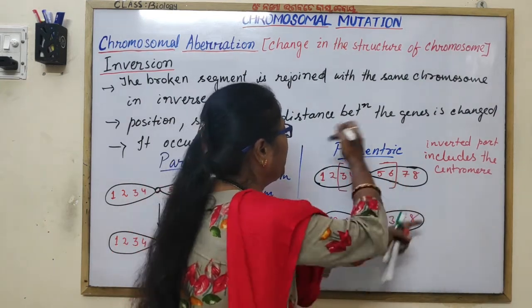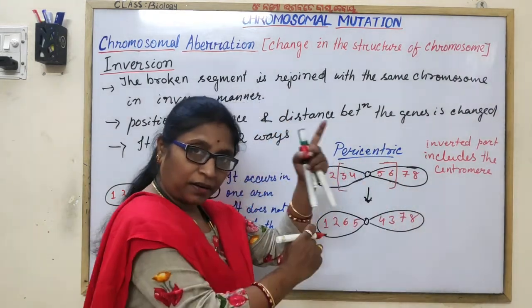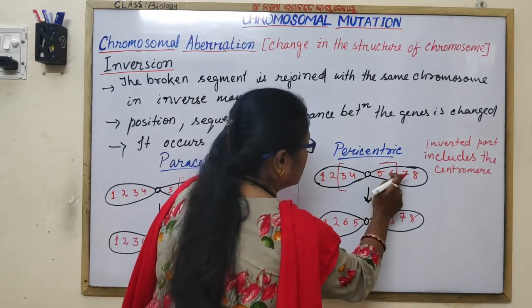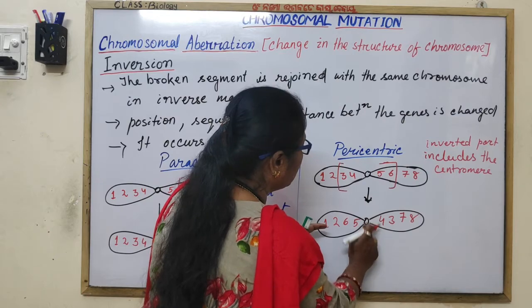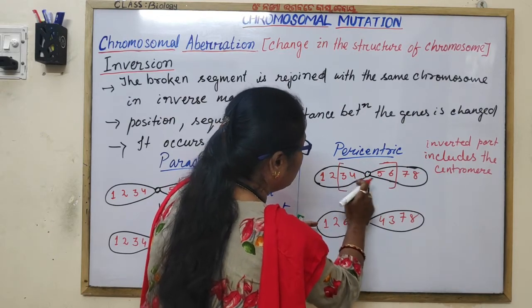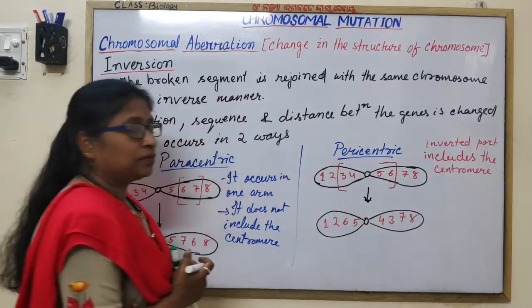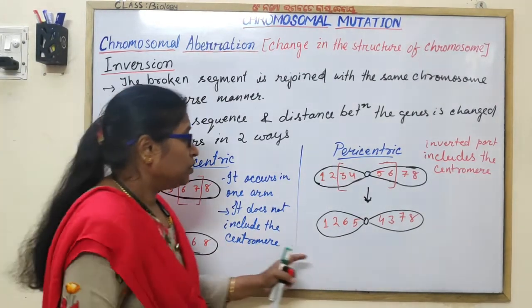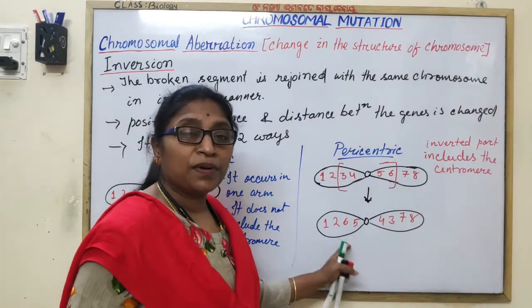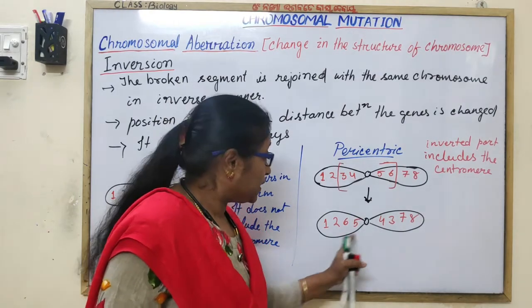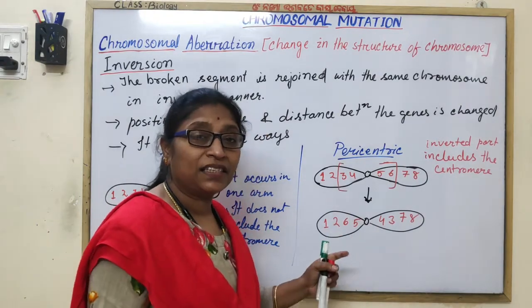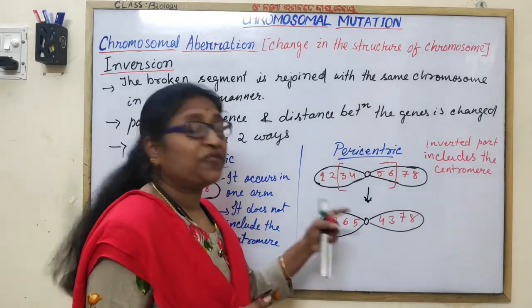This much is completely reversed, inverted. So 6, 5, then the centromere is here, and 4, 3, 7, 8. So now you see the sequence of the genes, the position of the genes, and the distance between the linked genes is different.